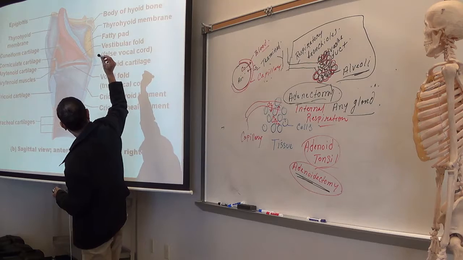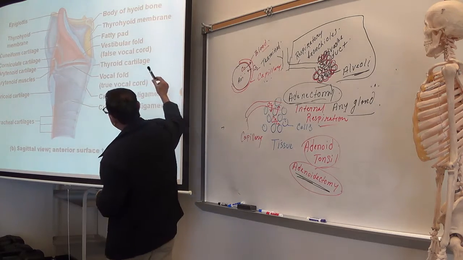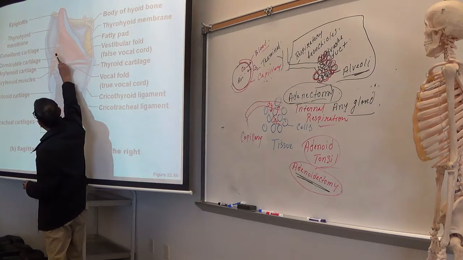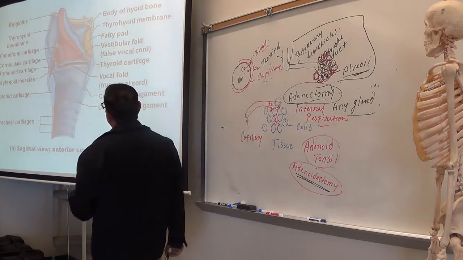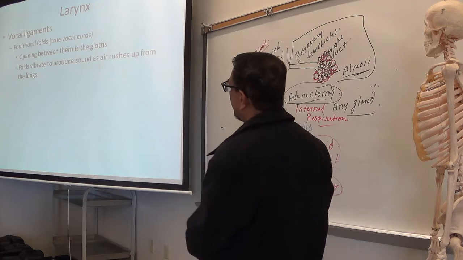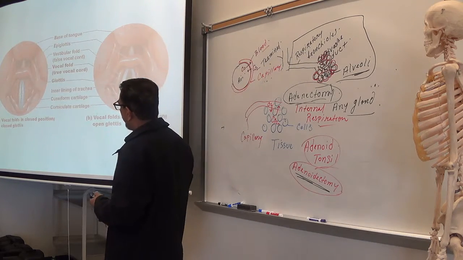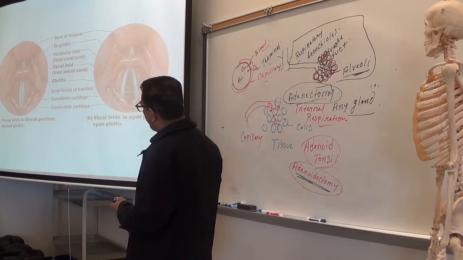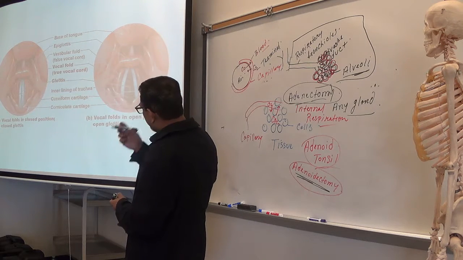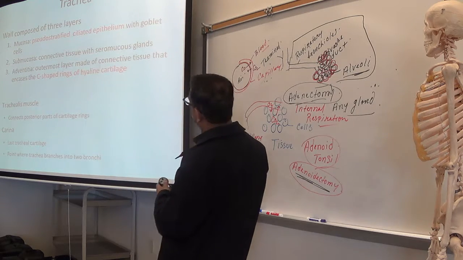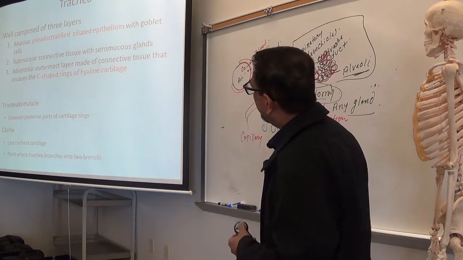Should be somewhere here. Okay. Vocal cords are located inside the larynx, I have mentioned before, and help you to produce sound.